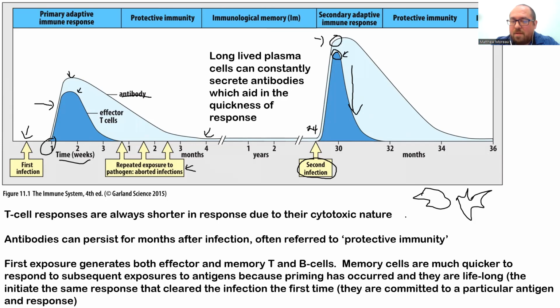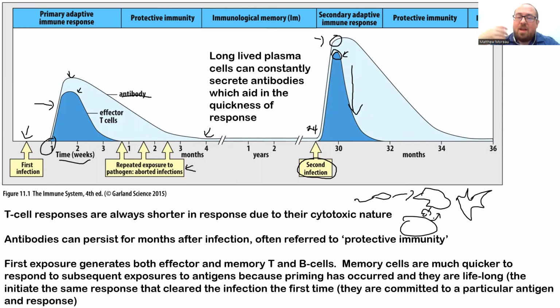Well, now, if memory T cells and memory plasma cells are in the common lymph node local to that tissue, and the memory T cells are in the actual tissues, if a pathogen interacts with the macrophage expressing MHC, and the T cell exists right there, they can just respond. They don't even have to migrate.